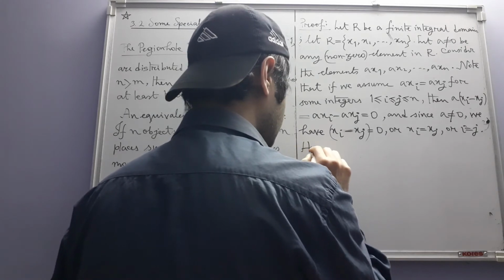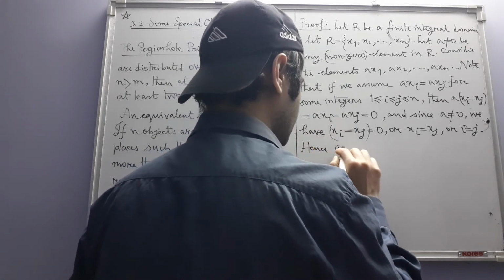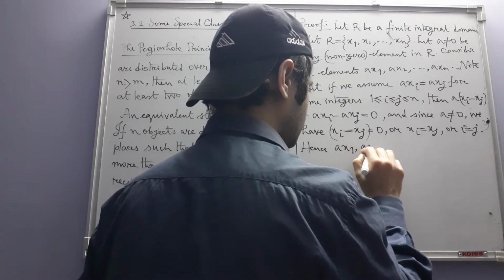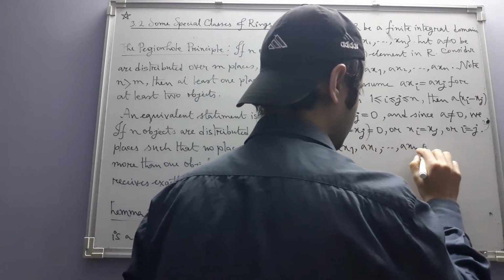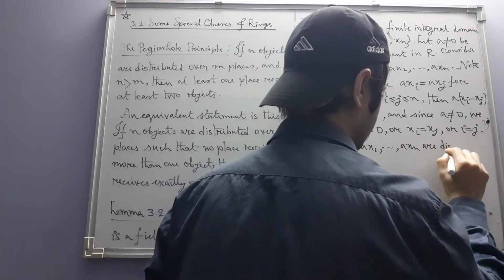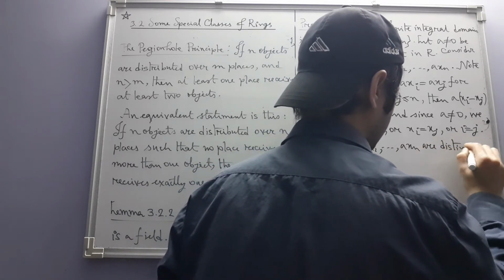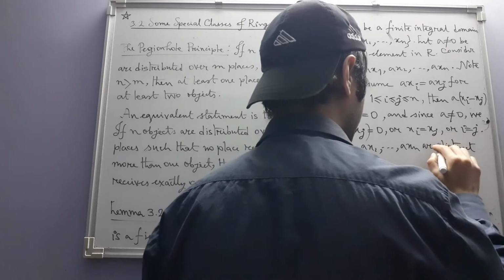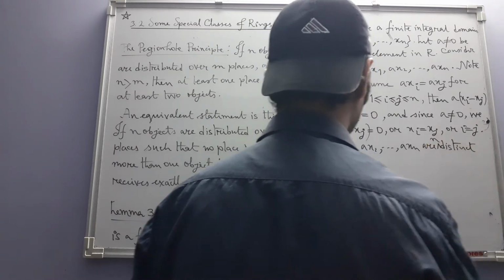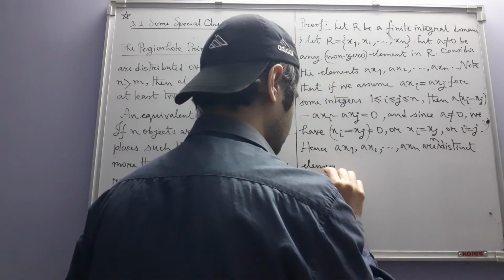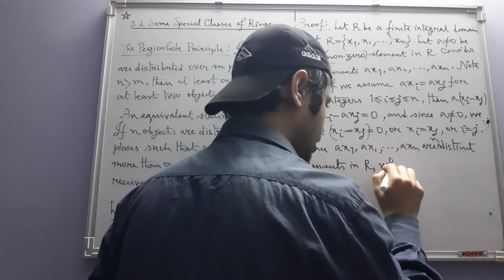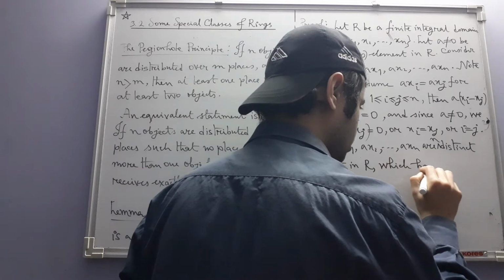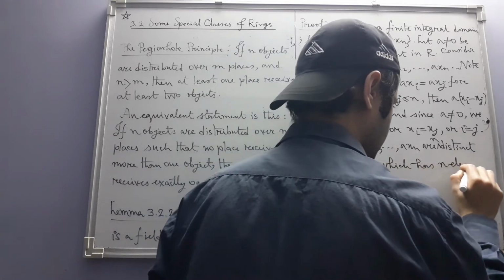Hence, ax1, ax2, and so on are distinct, or I may write, are n distinct elements in R which has n elements.